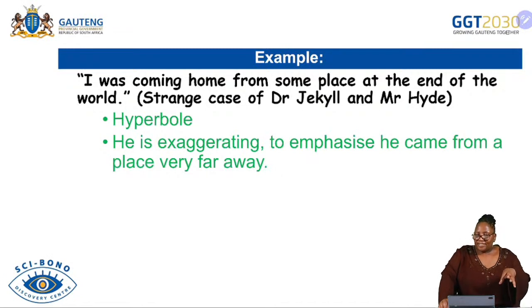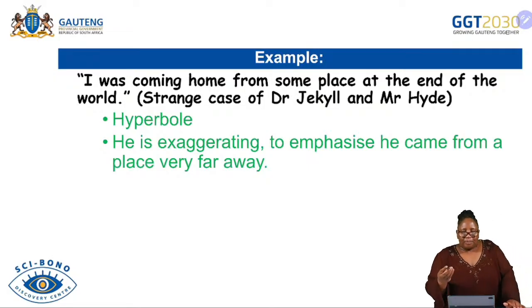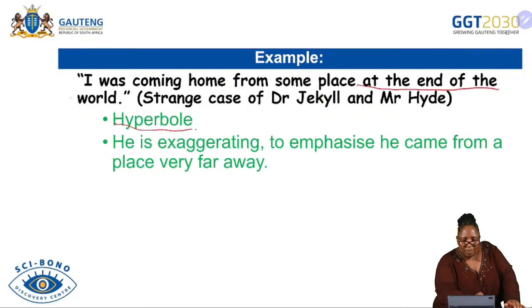He is exaggerating to emphasize that he came from a place very far away. So that explains a hyperbole. At the end of the world. Have you been to the end of the world? No. It is just an exaggeration. And we call that a hyperbole.